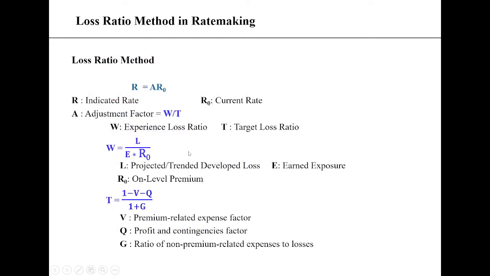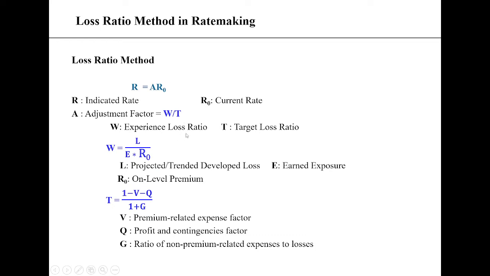And actually, this is, very briefly, probably everybody knows that. Our future indicated rate would be, like, we come up with the adjustment factor against the current rate. So the adjustment factor would be the experience loss ratio over the target loss ratio.